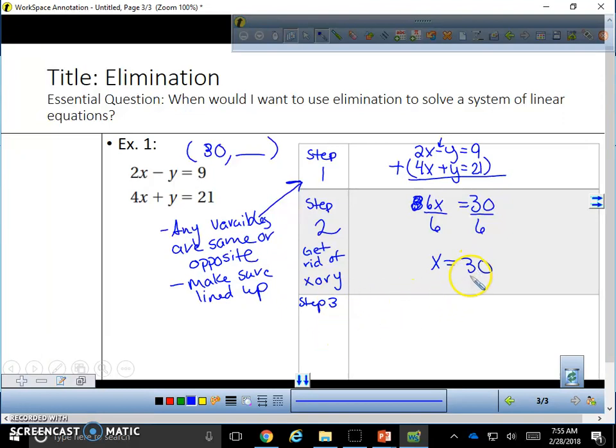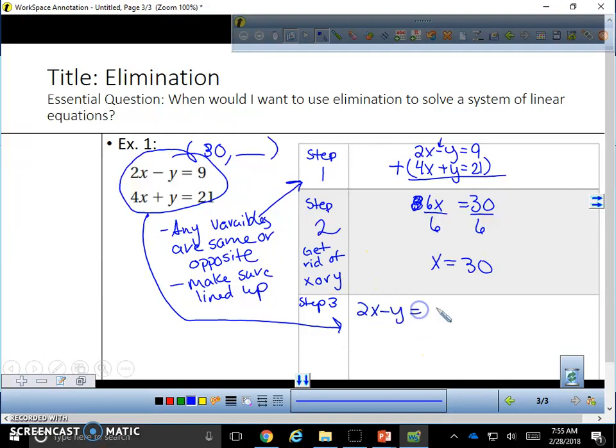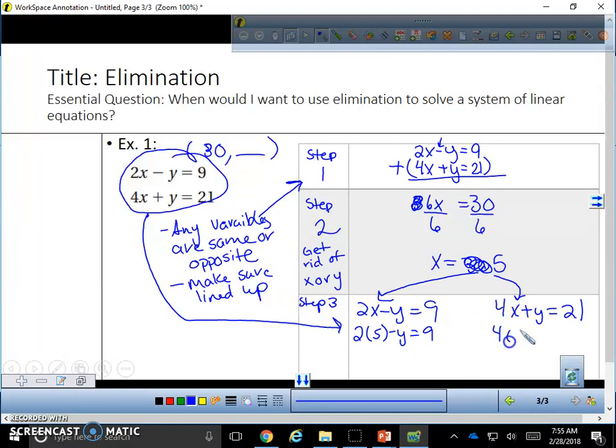Substitute for y. We're going to substitute into our 2 original equations. So 2x minus y equals 9. 4x plus y equals 21. Instead of saying x, we're going to say 5. 30 divided by 6 is 5. 2 times 5 minus y equals 9. 4 times 5 plus y equals 21.